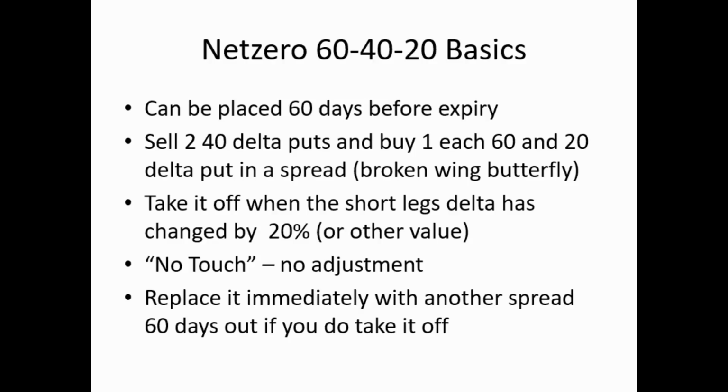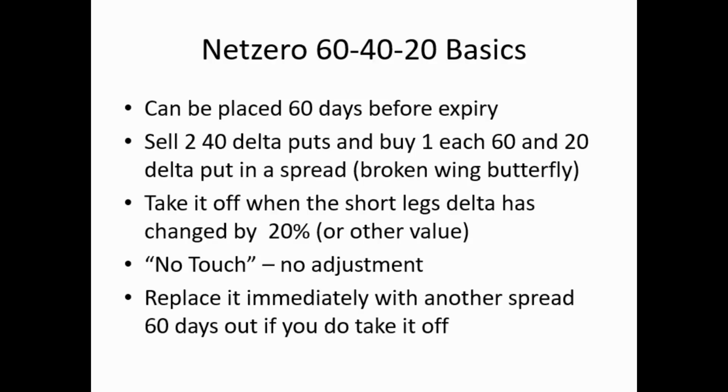Andrew Faldy has mostly gone to net zero now, and the reason for the net zero is that it's a broken wing butterfly with net zero delta. You keep it pretty close to zero delta. You can bias it in some circumstances. Many broken wing butterflies, let's say, you may bias them to a negative delta as customary, and you can vary that too.